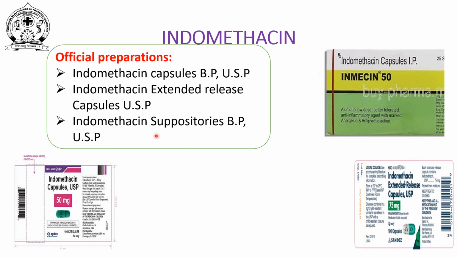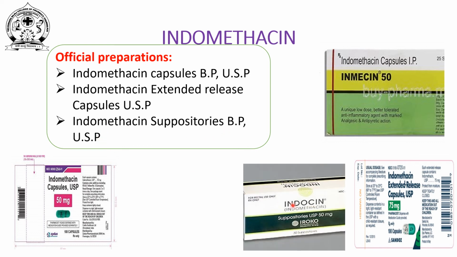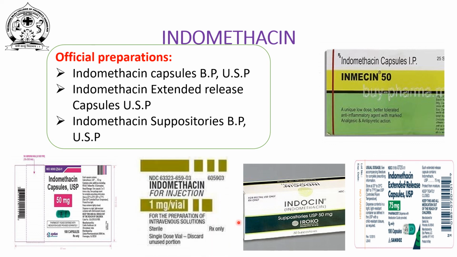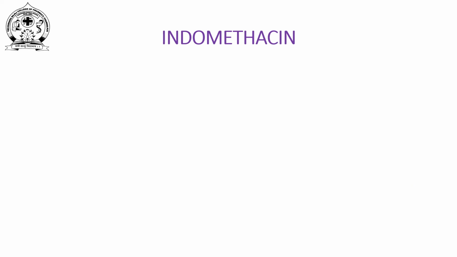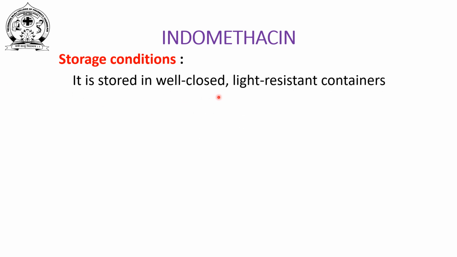Next, indomethacin suppositories, official in BP and USP, with one of the marketed preparations shown here. Indomethacin is also available in the form of injections. Next, storage conditions: indomethacin is stored in well closed, light resistant containers.